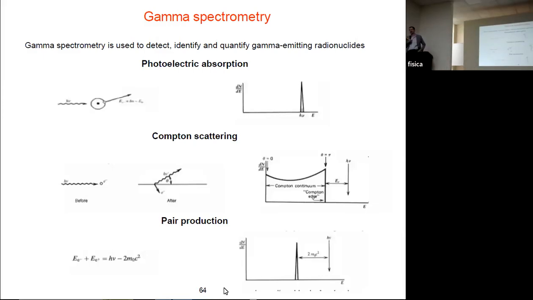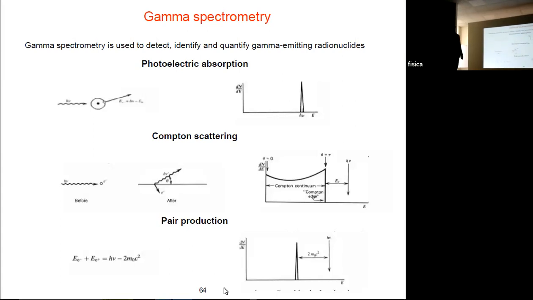Hello everyone. Again, today is the fourth lecture of my short course, and today we're going to proceed with radiation detectors and have two specific topics: how to detect two types of radiation, gamma rays and neutrons.